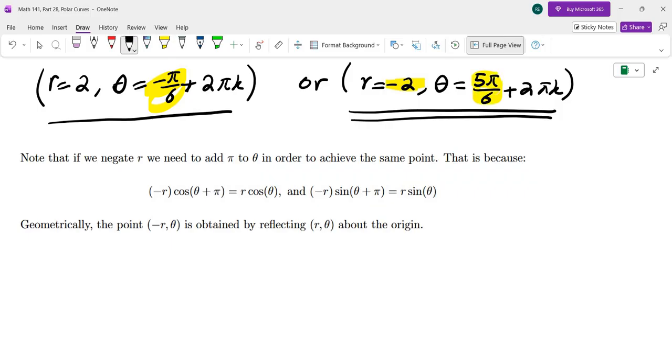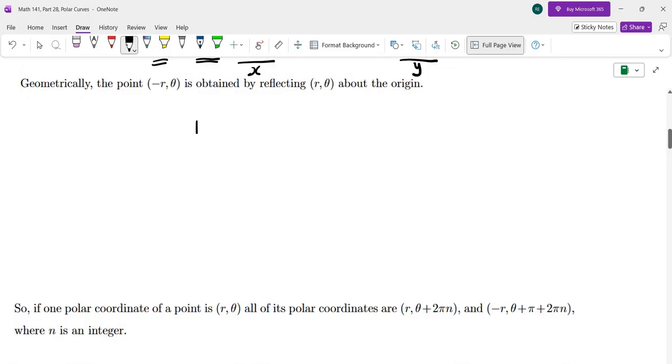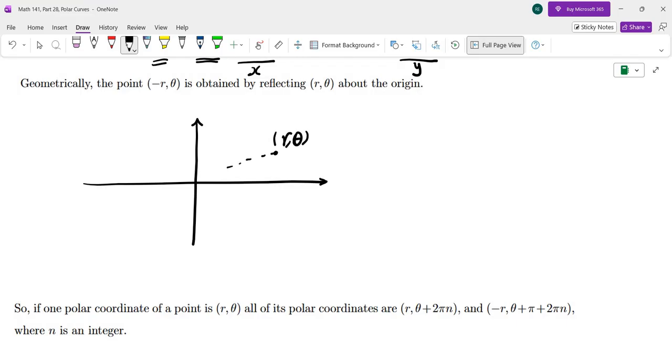So if you algebraically think about that one, if you add pi to theta and negate r, you get the same x and the same y coordinate. So in other words, geometrically what it means is if I have a point r comma theta and I reflect that about the origin, then what I get is negative r and theta.